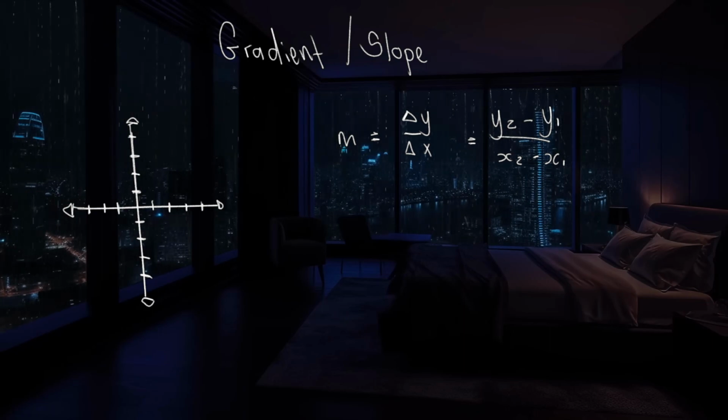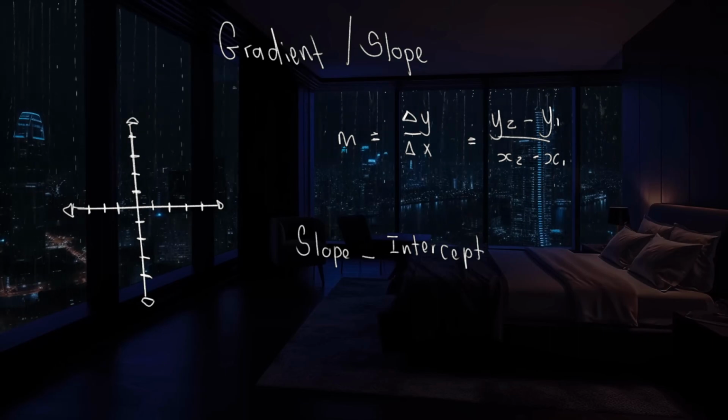Well, there's something we need to be familiar with. This is called the slope intercept form. Now depending where you're studying, this will change from slope to gradient, right? Of the slope intercept form.